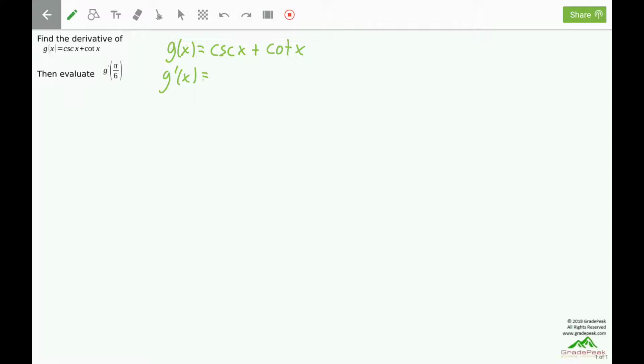G prime of x will be the derivative of cosecant, which is negative cosecant x cotangent x, and then the derivative of cotangent x, which is negative cosecant squared x. There's our derivative, g prime of x. The next thing to do is evaluate g prime of pi over 6.